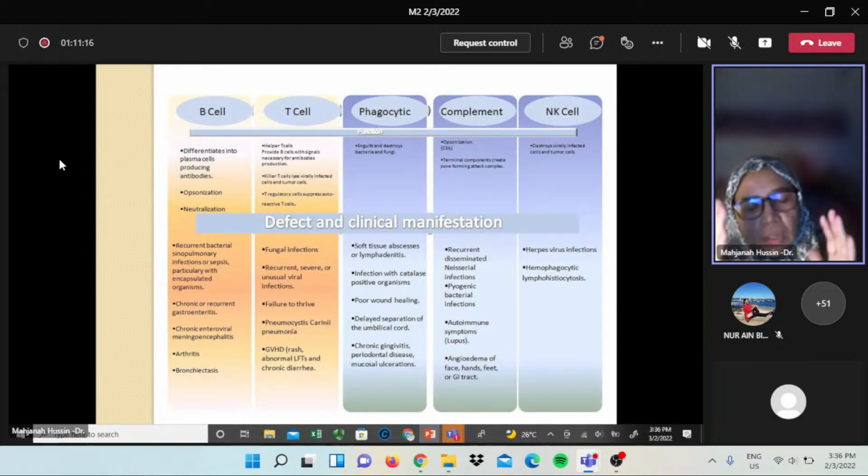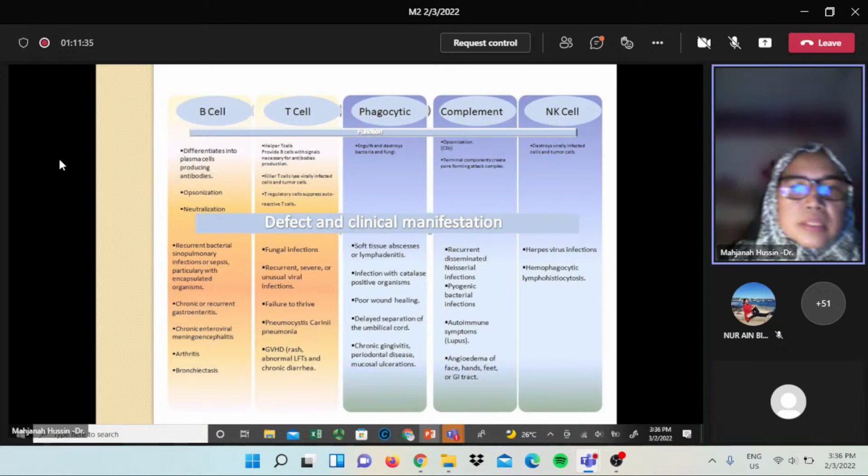So it will help in diagnosing many types of clinical situations, in terms of defect of the cell, or the amount of the cell not being there, or the presence of immune system byproducts.